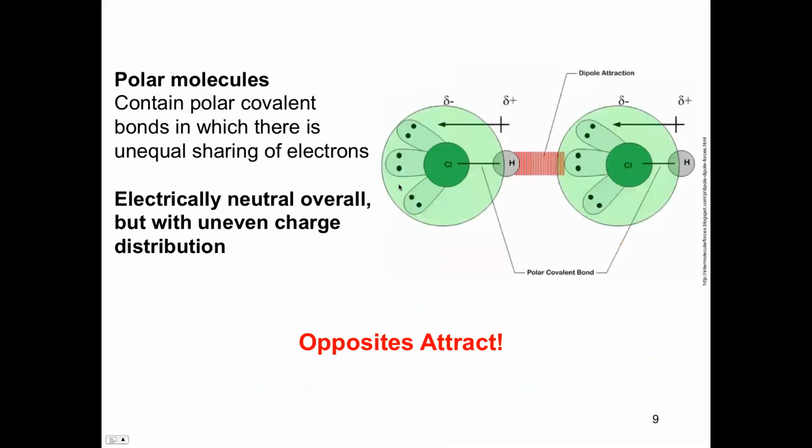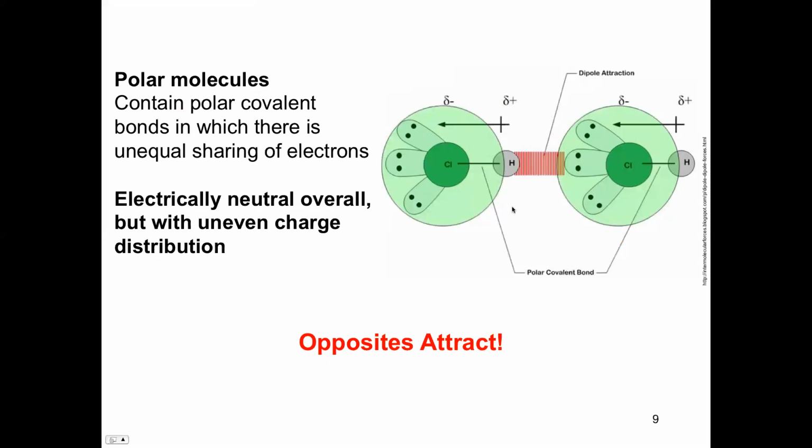Now, the interesting thing is, as we were saying, polar molecules are electrically neutral overall, but they behave like these little poles. So one side is more positive, the other is more negative, and when they interact within a structure, so they're intermolecular forces, the more electronegative side is going to associate with the less electronegative side.